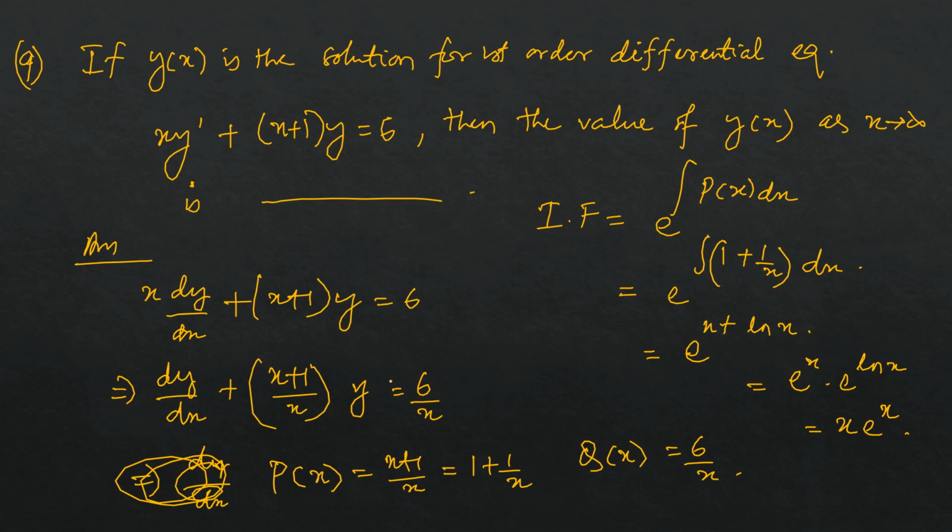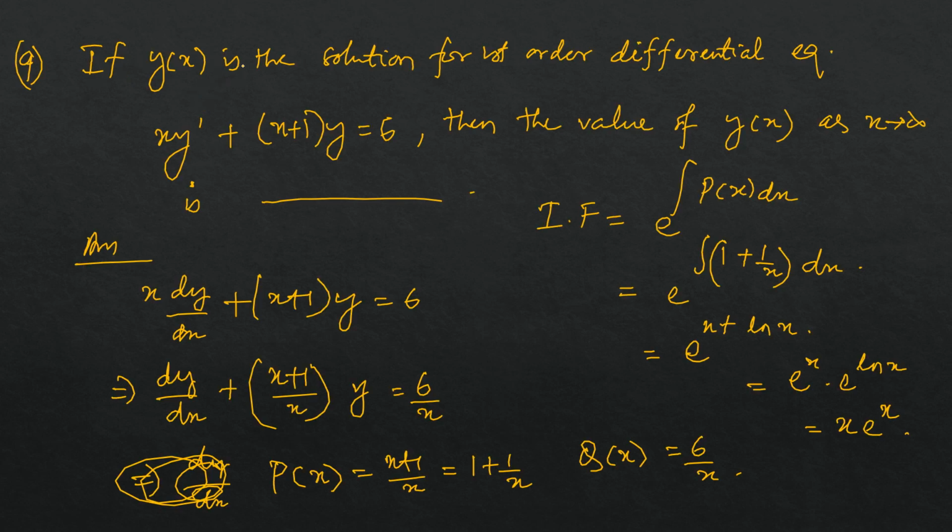Now the solution of the equation will be y into the integrating factor, which is x e to the power x, is equal to the integral of integrating factor into Q(x) dx plus c.